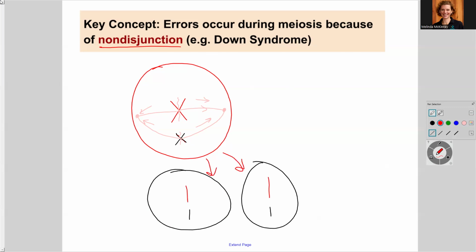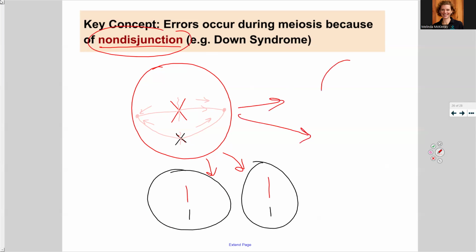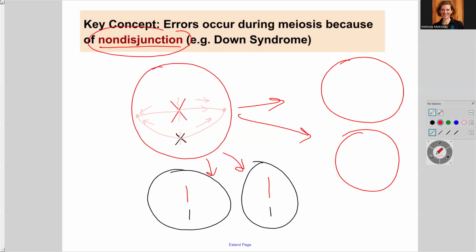However, in non-disjunction, we might get two daughter cells, and maybe one of them has the entire sister chromatid pair still intact, like that, and the other one didn't get any at all. So that would be one cell where the whole thing moved to one side.